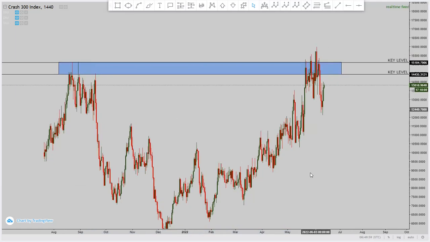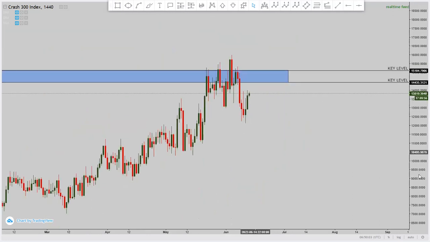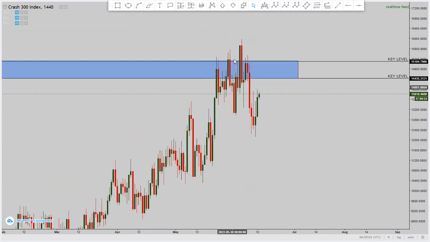So if you check now, this range here, what happened was price faked out of the range, then went back inside.